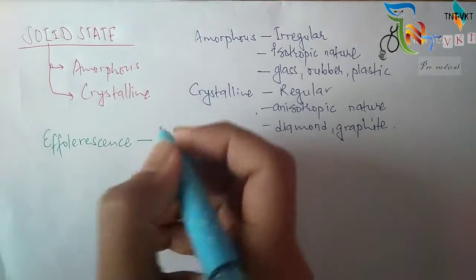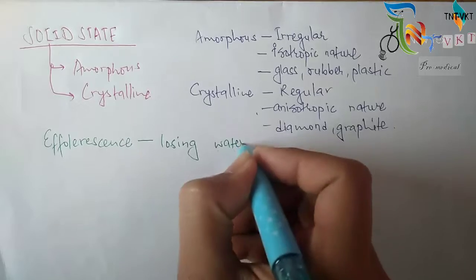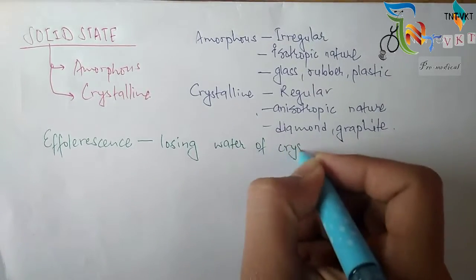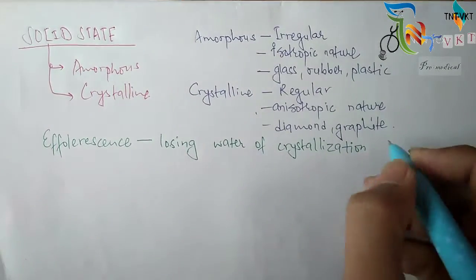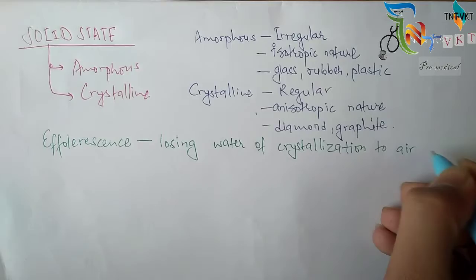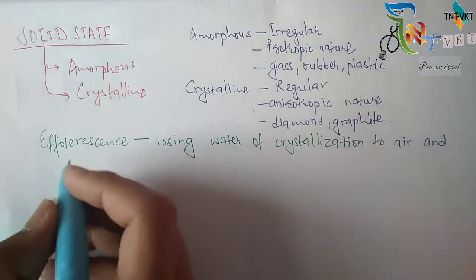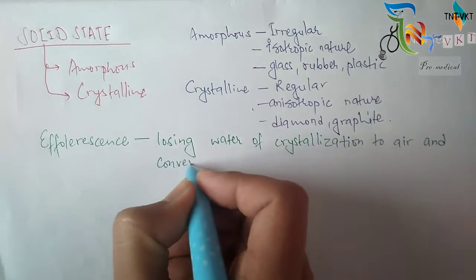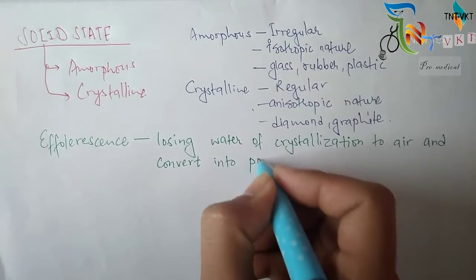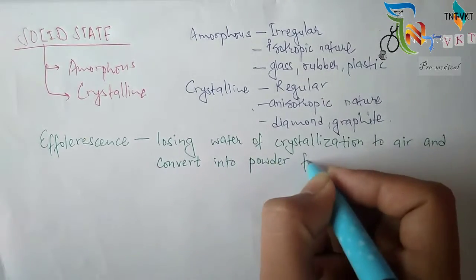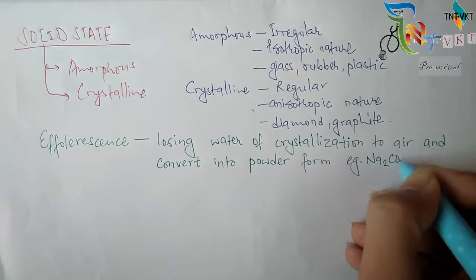Efflorescence means losing water of crystallization to air and convert into powder form. Example can be Na2CO3.10H2O.